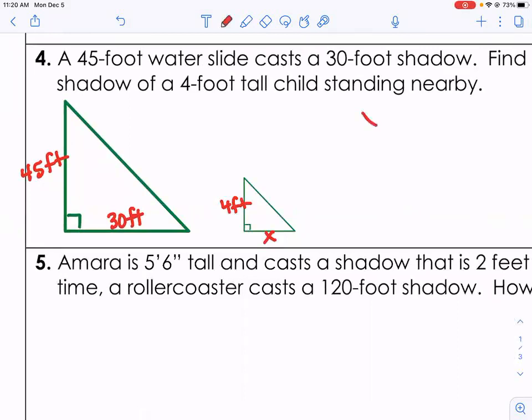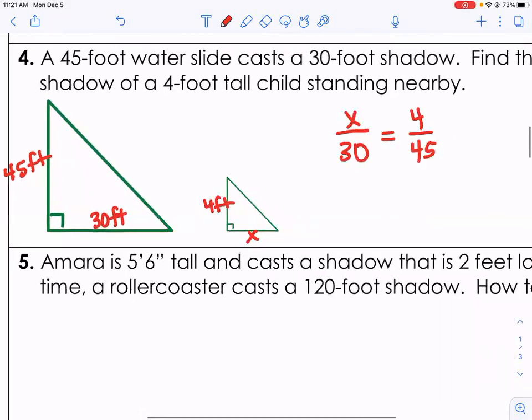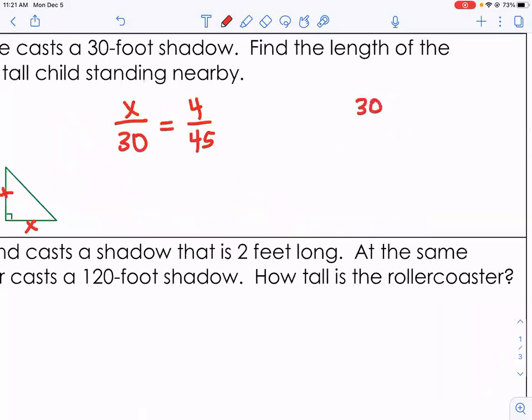Okay, so x over 30, and then 4 over 45 like this? Okay, Ryan is saying yes. Did anybody set it up as 30 over x equals 45 over 4?